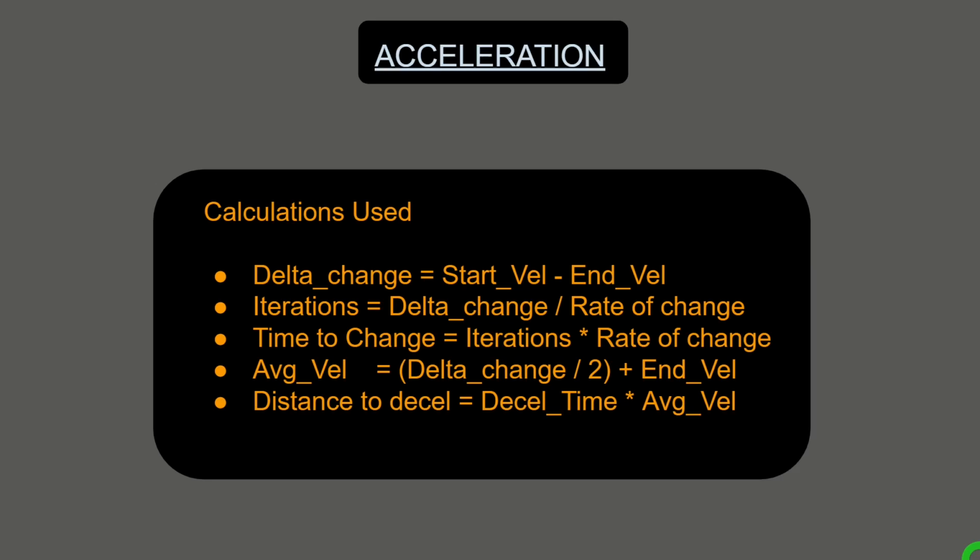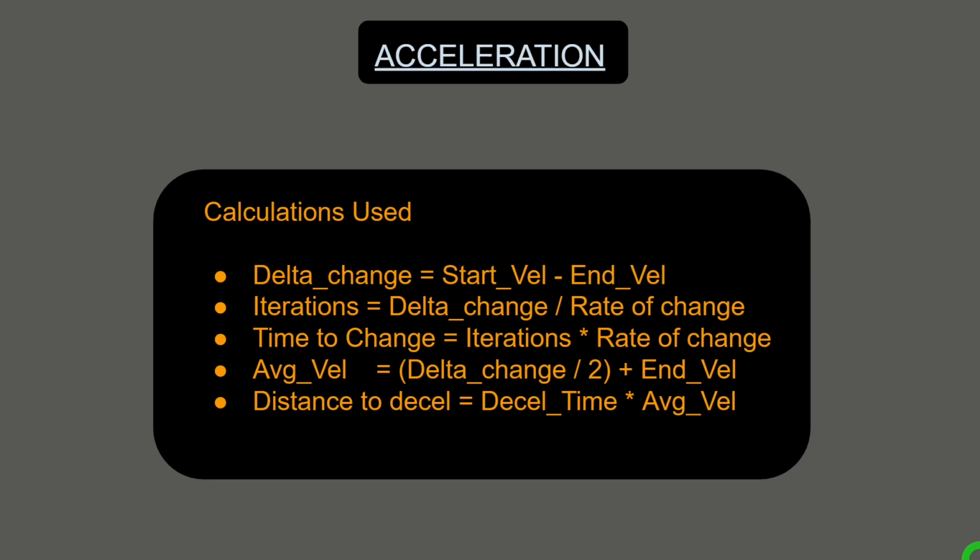In this case, it would be roughly 1 divided by 0.09 in our previous example, but we'll have different numbers coming up shortly. We need to know the time it takes to change, and that would be computed by taking the iterations times the rate of change. We will also need to know what the average velocity is.